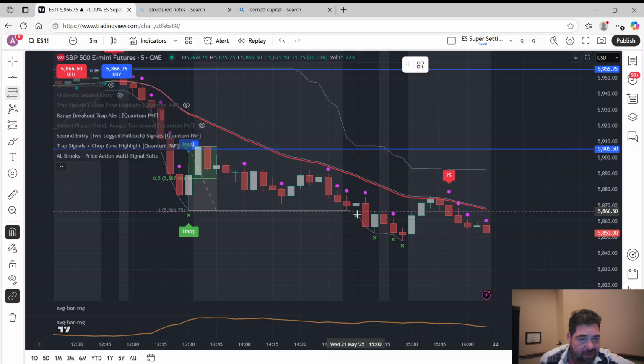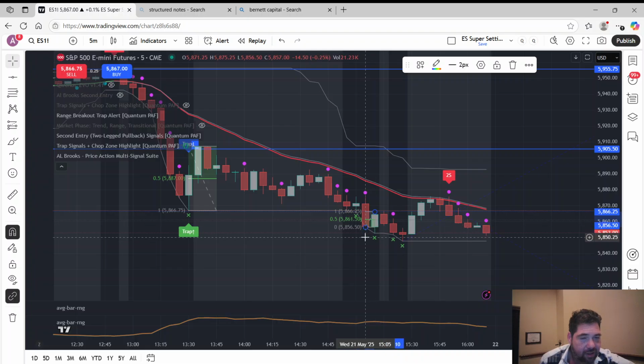If you decide that you're going to be buying into this breakout, you might want to scale in a little lower at the next bar. Your average would be this, and you would get out of this bar.